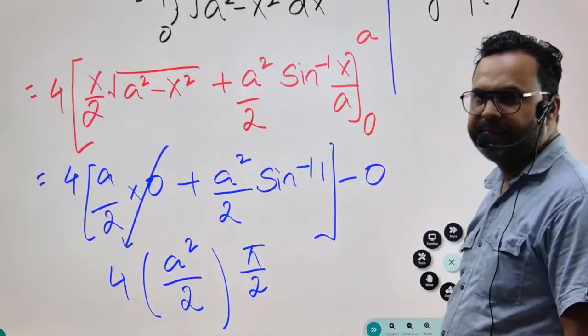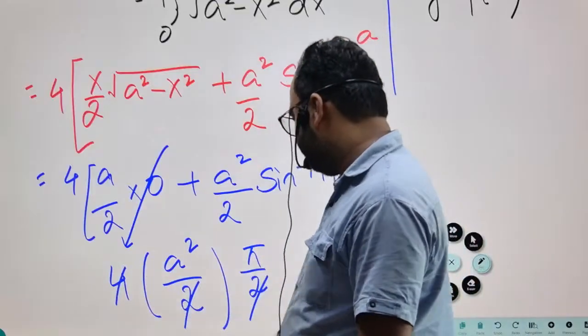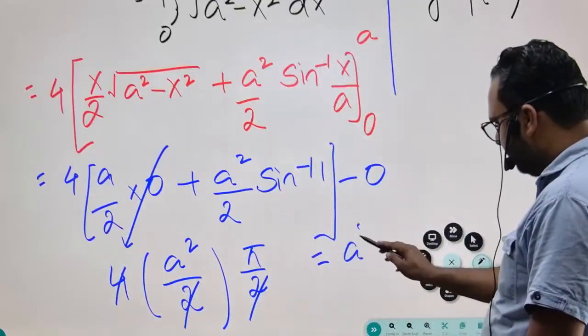Now simplify. This will get cancelled out. It will be a square pi.